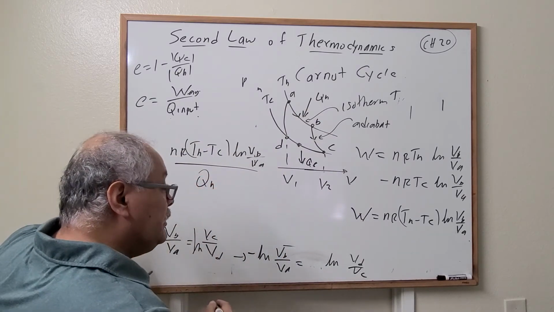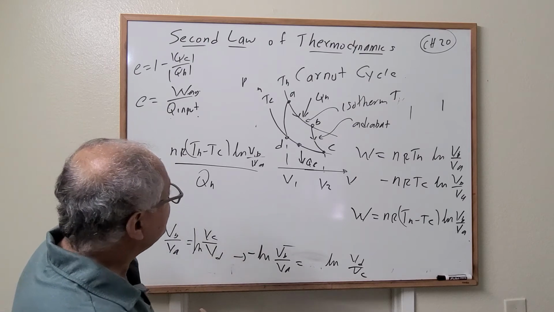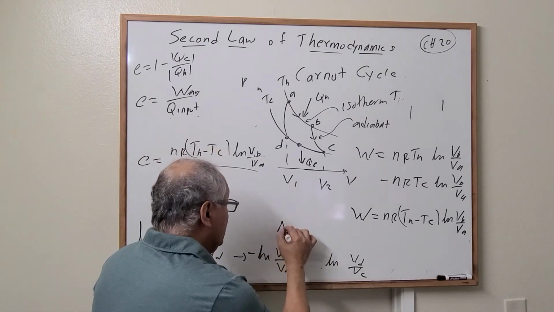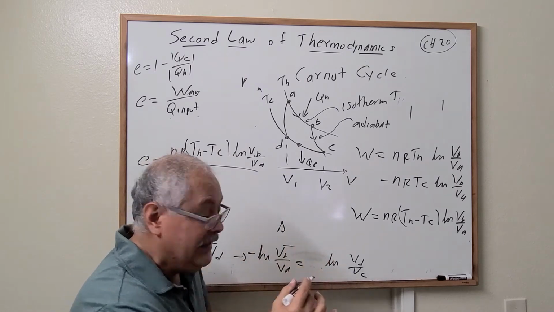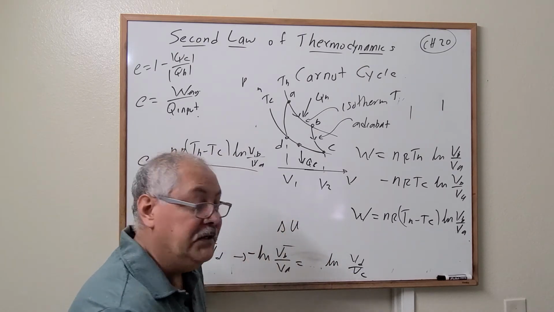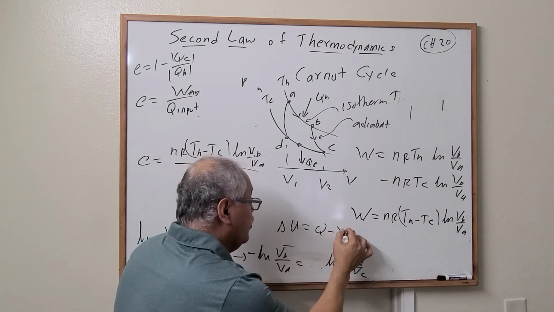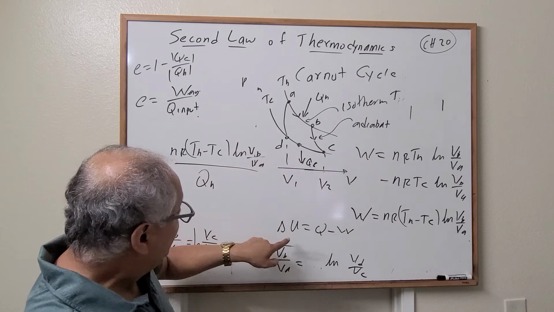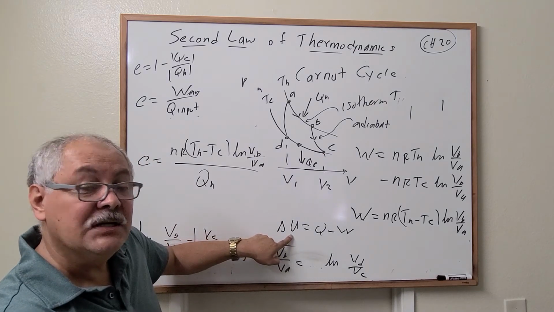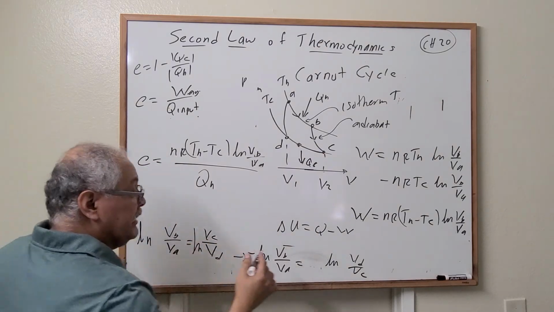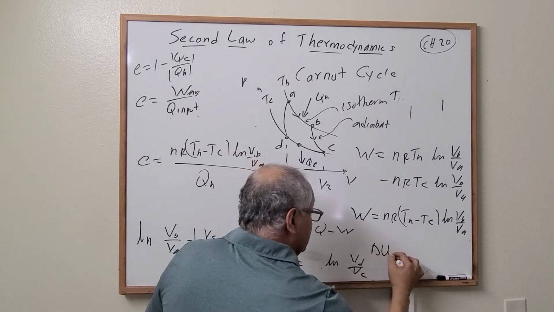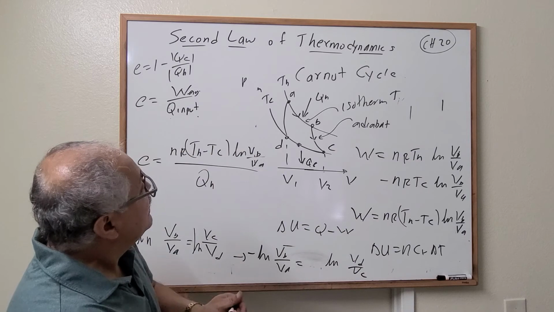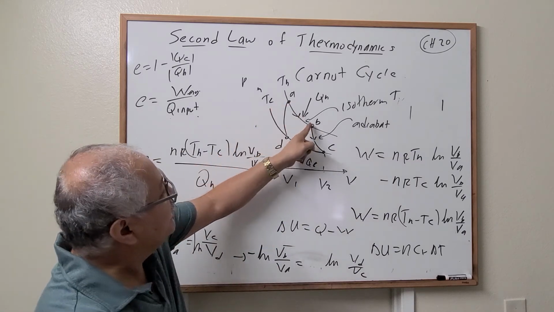But what is Q_H? One more time. When we're dealing with thermodynamics, we define the change in internal energy equal to heat minus work, for example. But how do we define this change in internal energy? Remember, the change in internal energy is equal to nC_V delta T. But along this path we have an isotherm.